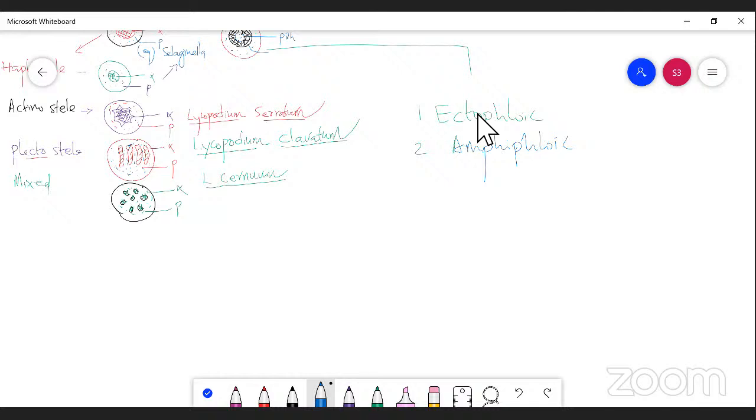The third category is solenostele. And fourth type is dictyostele. The fifth type is eustele. And sixth type is polycyclic.